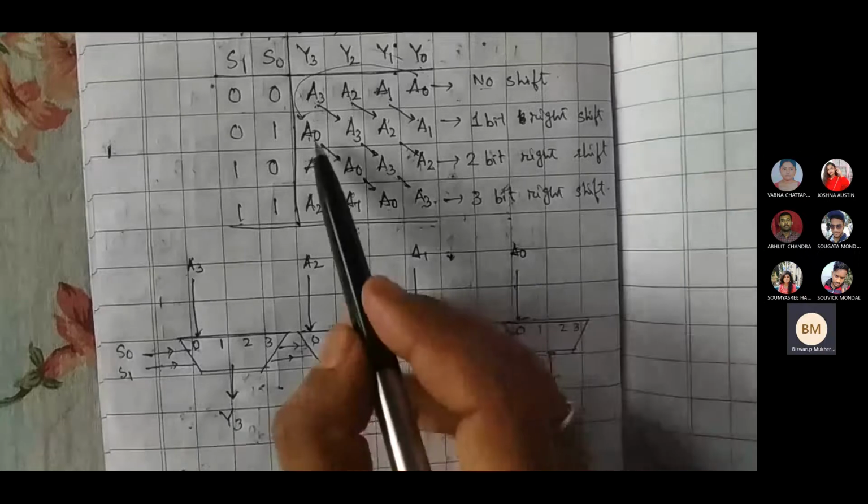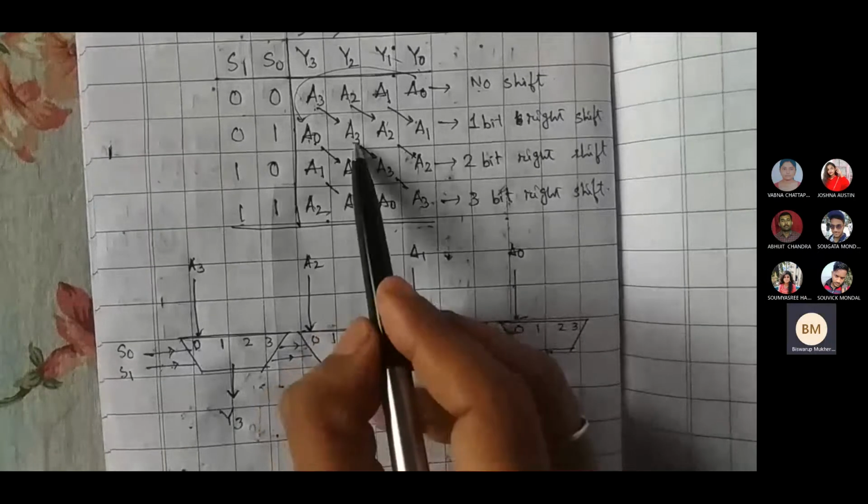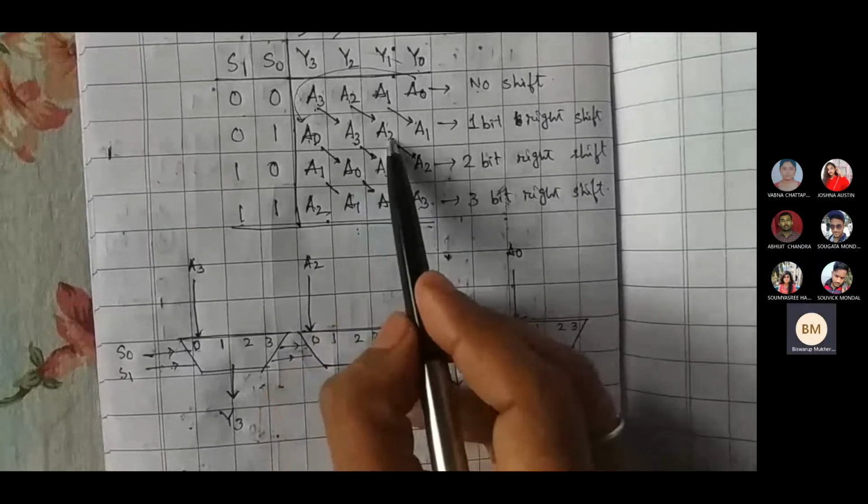তখন কি আসবে? Y3 তে আসবে A0, তারপরেরটাতে আসবে A3, তারপরটা আসবে A2, তারপরটাতে আসবে A1, right?